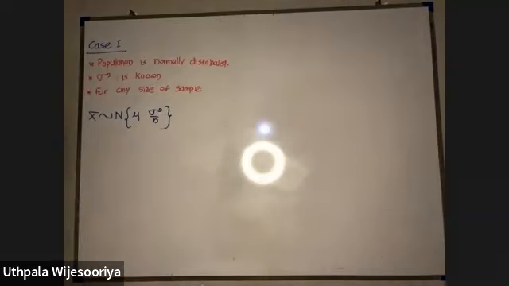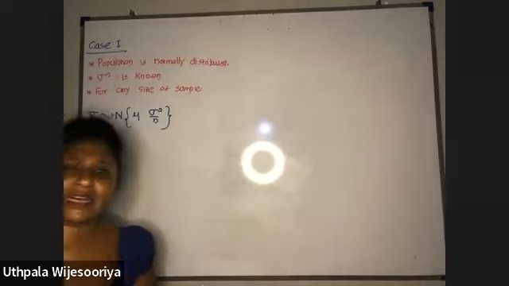If our population is finite, or sampling is without replacement, and the sampling fraction is greater than or equal to 0.05, the variance has to be multiplied by the respective correction factor, (capital N minus small n) over (N minus 1).